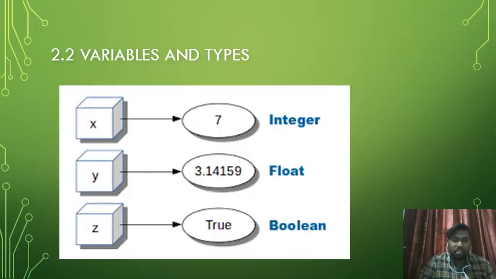In this chapter, we are going to learn about an important topic called variables and types. We need to use variables and types in almost all programs in the Python programming language. What is a variable? A variable is a storage area where we can store something.